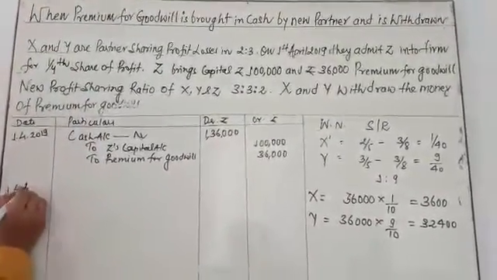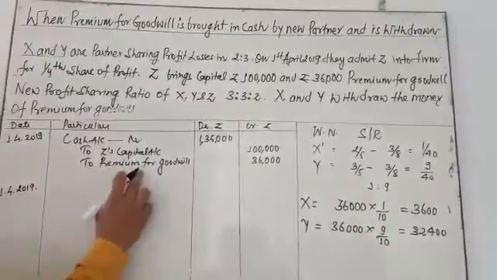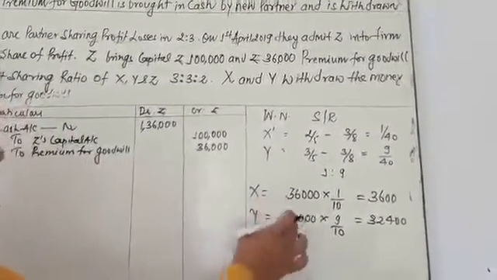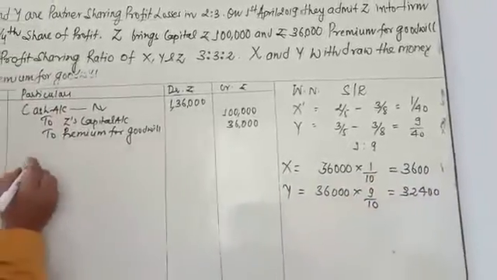The second entry, on the same day, 1st April 2019: the premium for goodwill is transferred to the partners' capital accounts of X and Y, as 3,600 and 32,400.